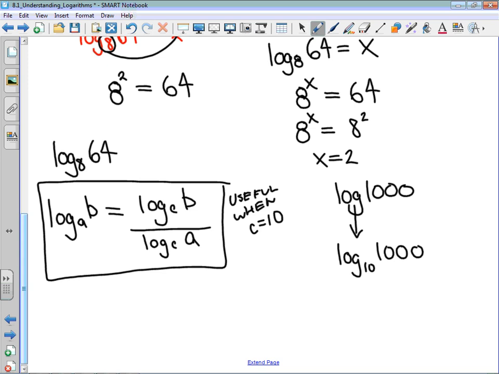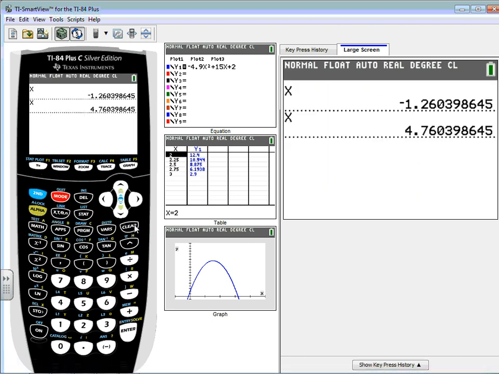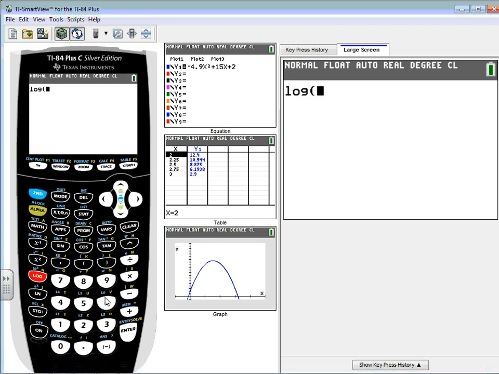What that allows me to do is, if I'm dealing with log base 8 of 64 in my calculator, I could do log base 10 of 64 divided by log base 10 of 8. Being able to write this as something confirmable on your calculator is a big benefit. The one thing you have to be careful of is that when you put in log base 10 of 64, you need to close that bracket so the calculator knows that the log base 10 of 8 is not inside that logarithm.